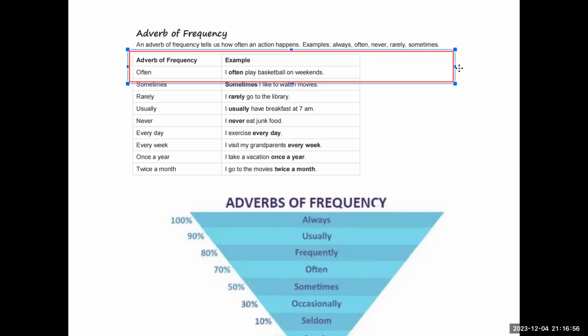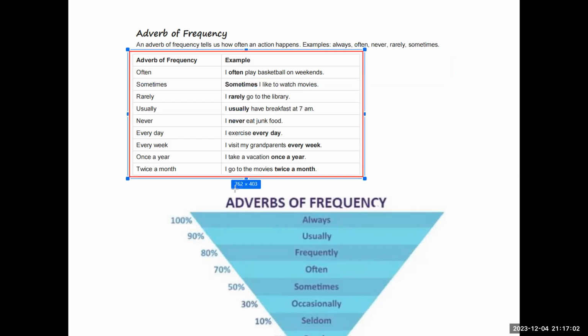So here, there are examples. I think you're familiar with the examples. Which of the adverbs of frequency are you not very familiar with? Are there any, or maybe you are familiar with all? Rare means not common.